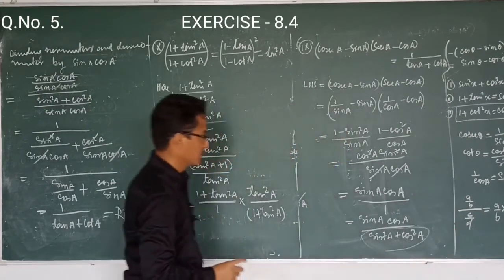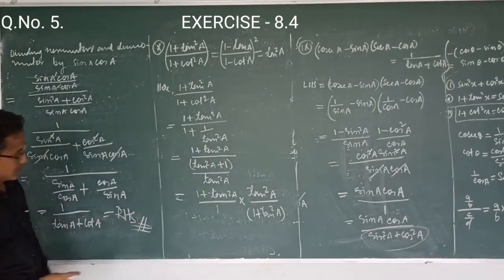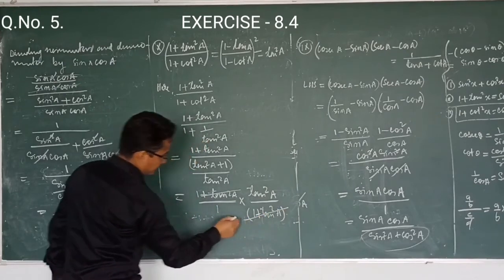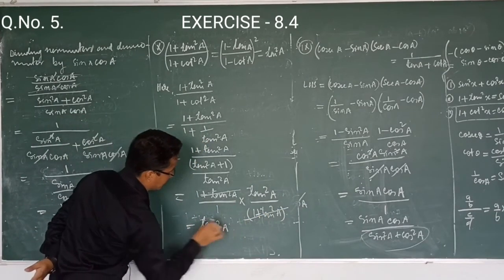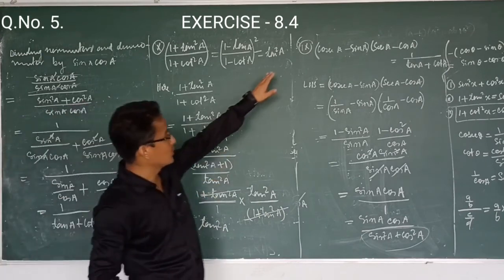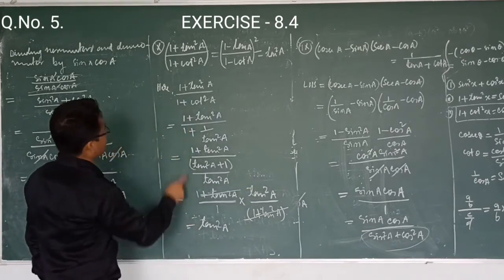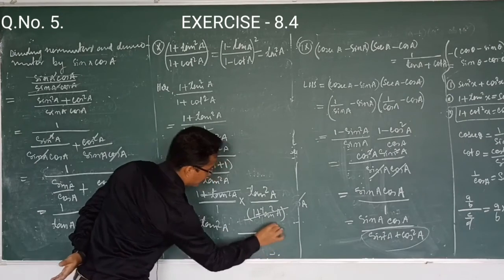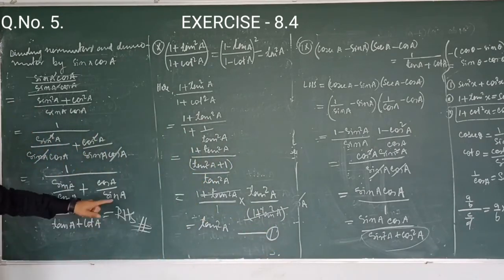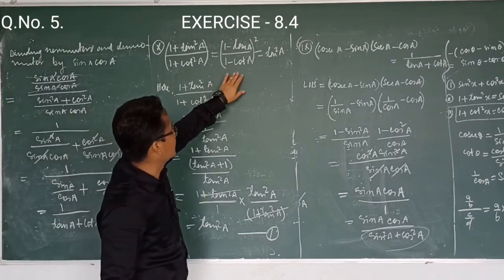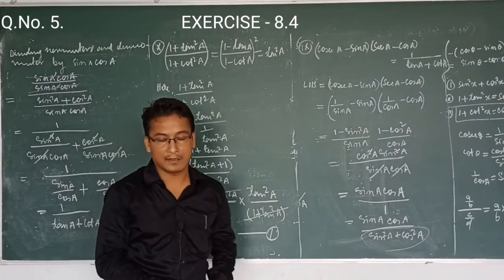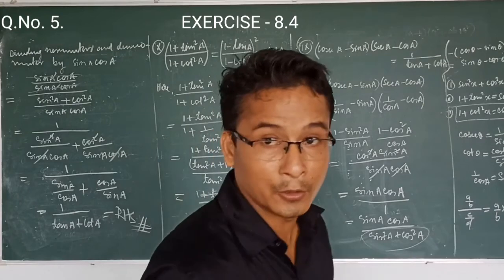This is very important. So let's see, this is cancelled. Then what will you get? tan². So we take this as equation number 1. Then we take now this middle term and we will see that is also tan²A or not.